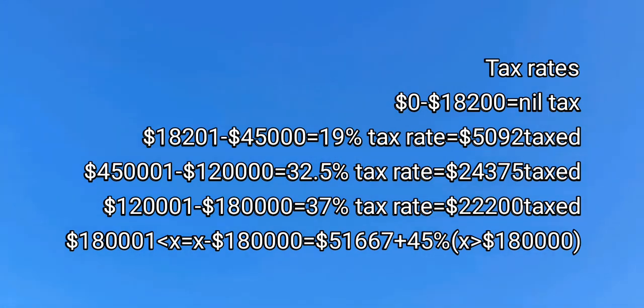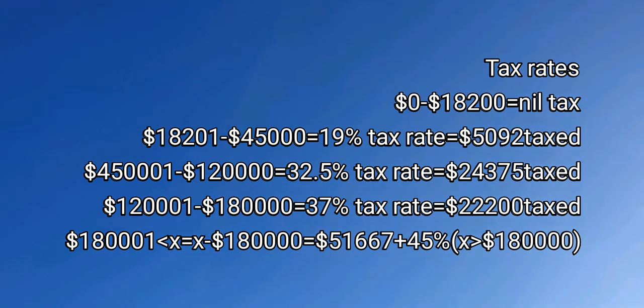The 45% tax is $51,667 tax that you have to pay, plus 45% of any earnings from $180,001.